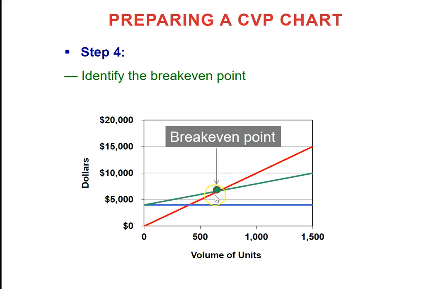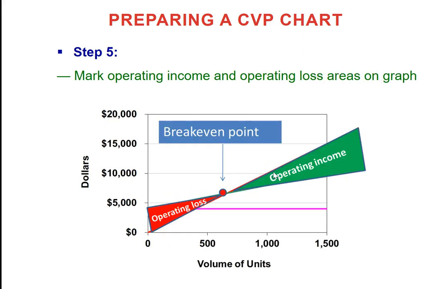So you could do a little math and you could see that it's around 600 to 700 units. Graphically, we can just gauge the point. So if your production is less than that, then you will have loss. If your production is more than that, you will start making profit.